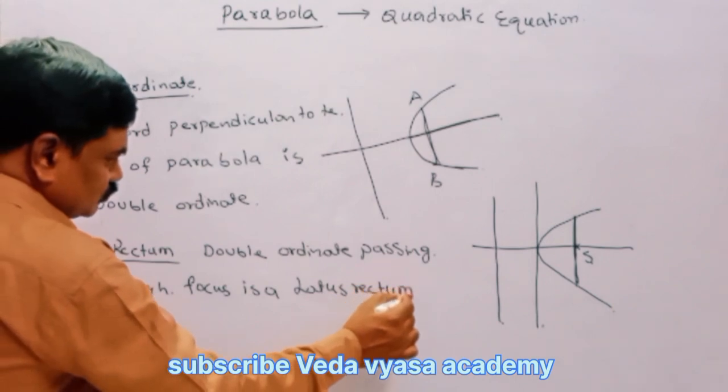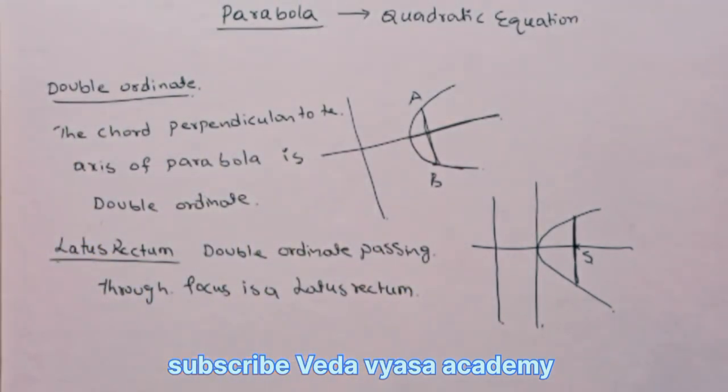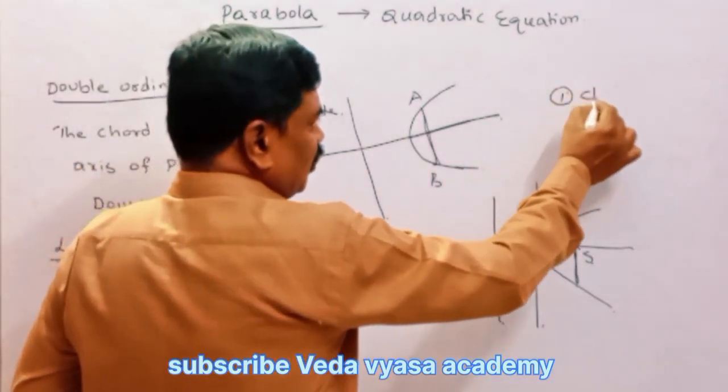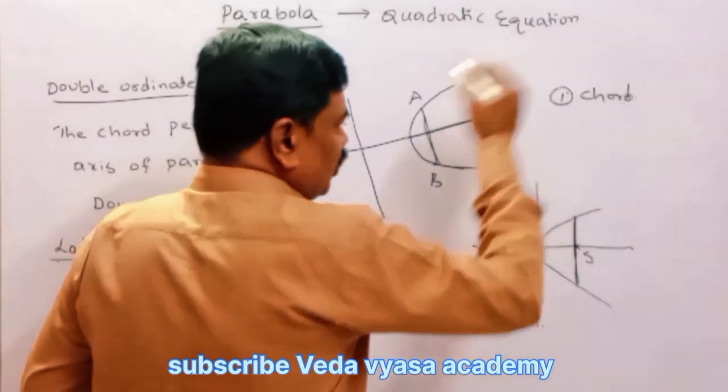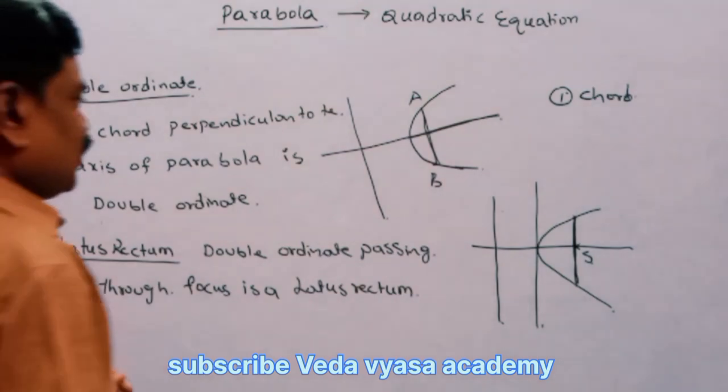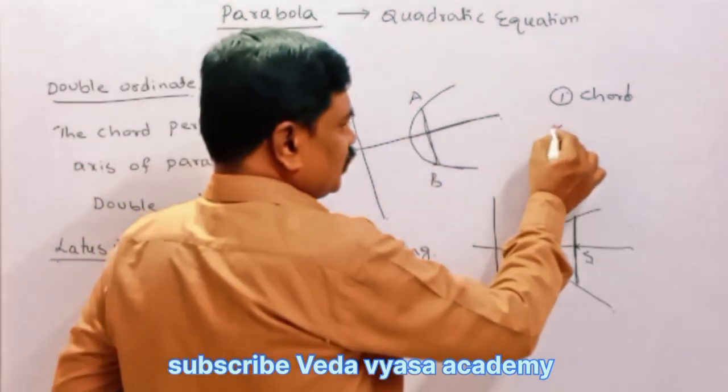These terms are, first one, chord. A chord is a line passing through any 2 points on the parabola.